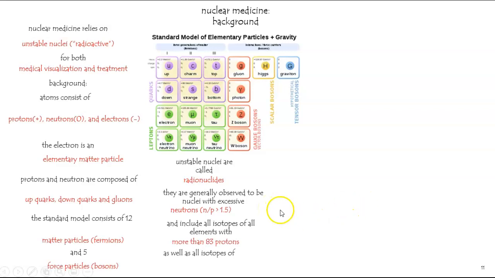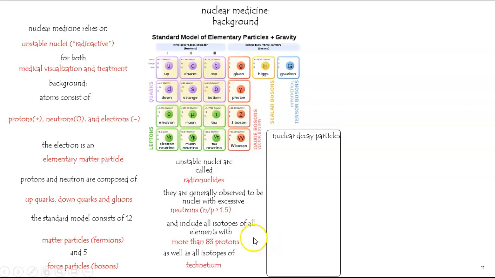Any element with greater than 83 protons, every isotope of every one of those elements is unstable. As an interesting factoid, it's also the case with technetium, which I believe is 42 protons. Every single isotope, for reasons that are not well understood, is unstable.